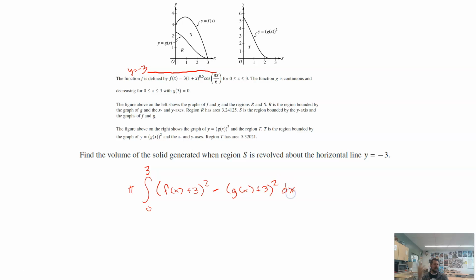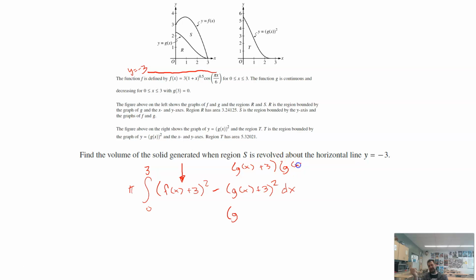So I've got my setup, and I'm like, okay, that's not that big of a deal. Then you realize something. I can find this entire first part right here, but the second part, because I don't know what g of x is, let alone what g of x plus 3 squared is, is going to be an issue. So what we have to do in this problem is FOIL out g of x plus 3 times g of x plus 3.